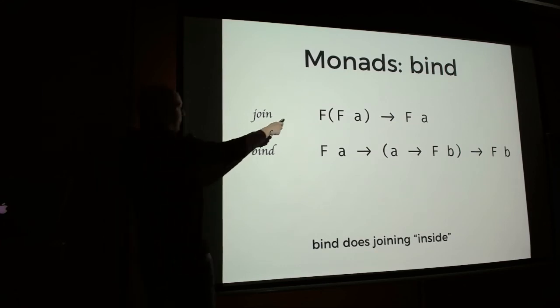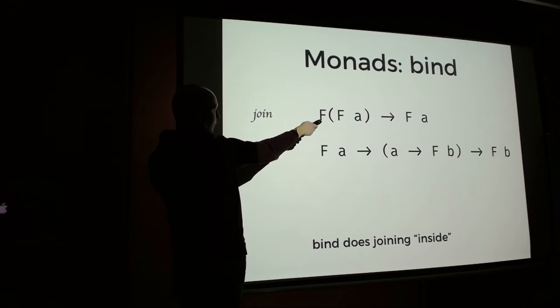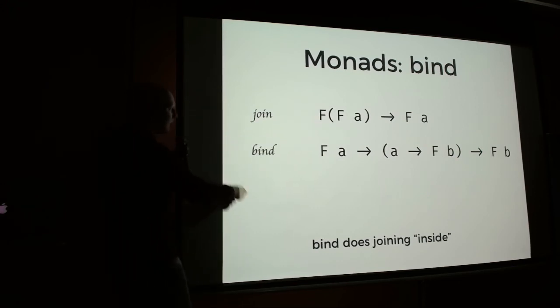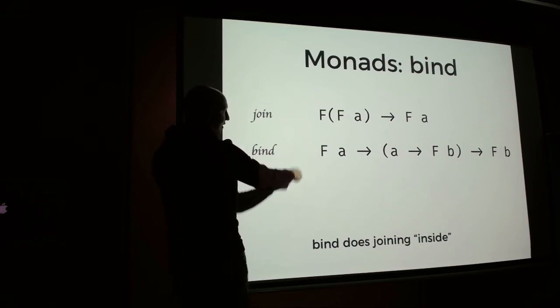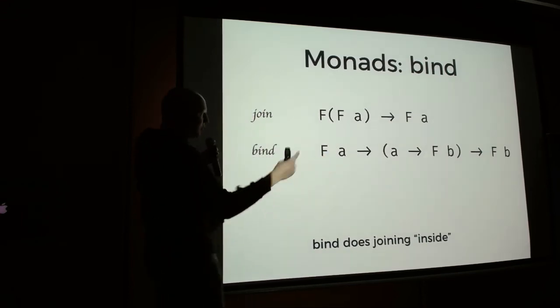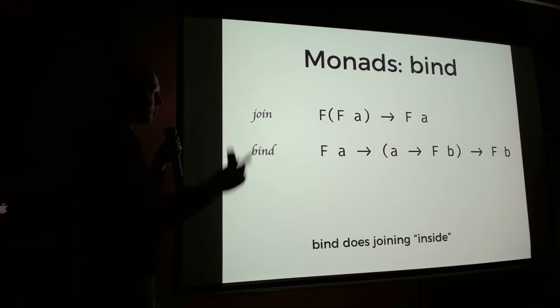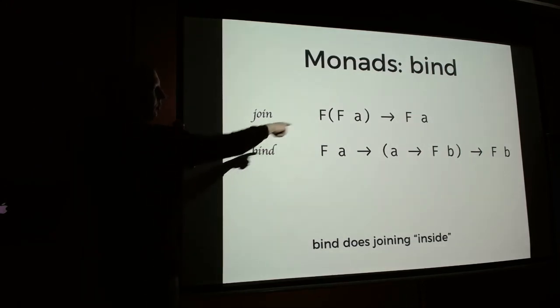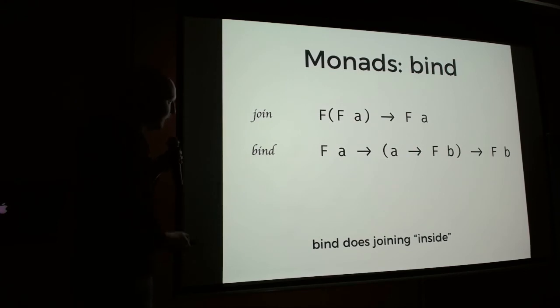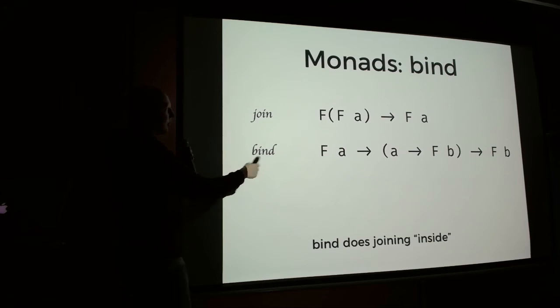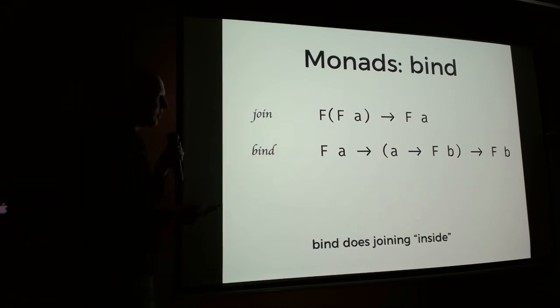So join just reduces nestedness, and bind takes some functor with type A inside, and then the next function that you want to attach or chain to it, and then it reduces to just FB. And then what bind is supposed to do is just the joining inside, so you don't see the nasty nestedness.